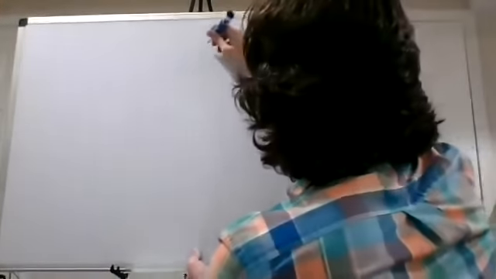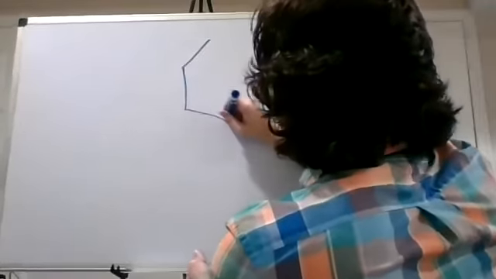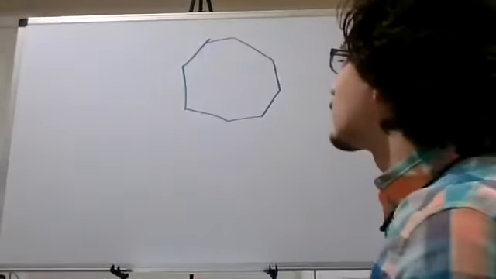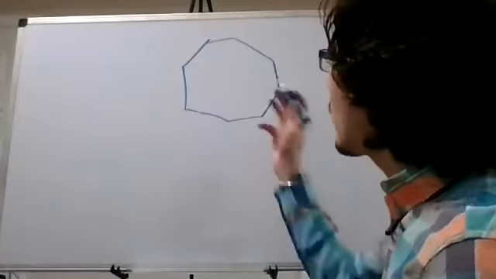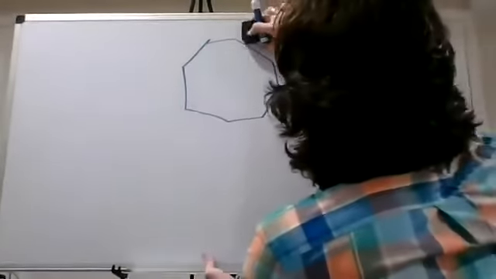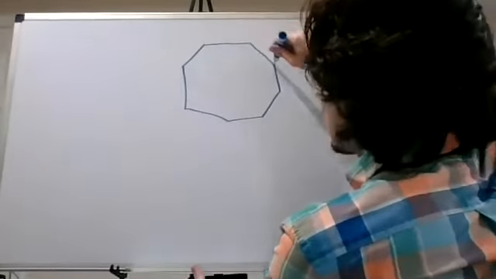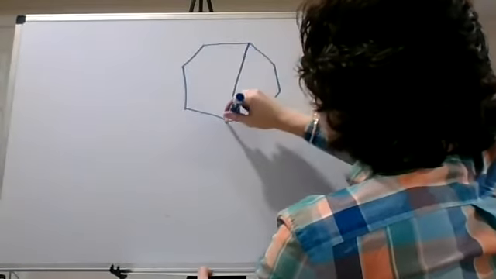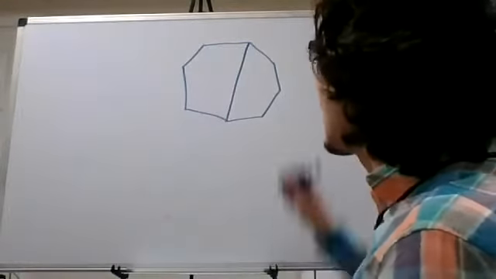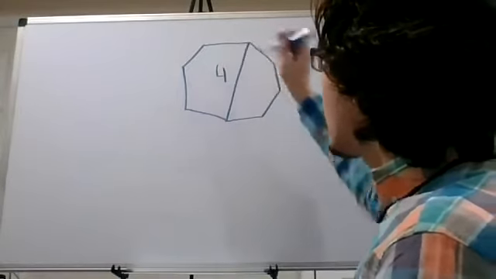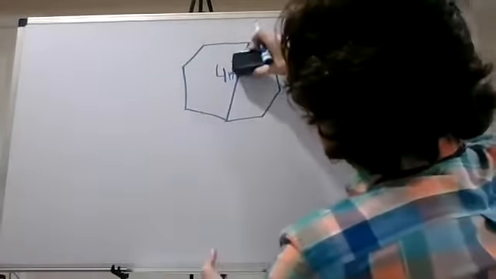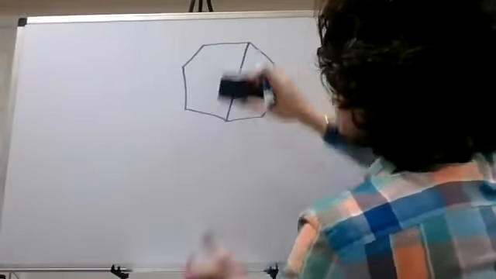All right, I'm going to have a hexagon. I am not going to tell you what any of the sides are. Pretend there's a perfect hexagon. I can't draw very well. Pretend I have a line going from here to here, and I said that this line was 4 meters long.